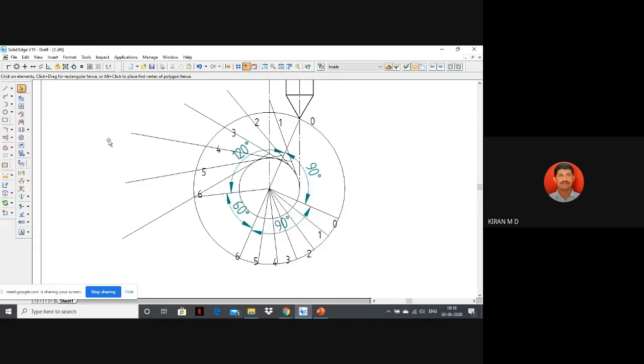So from 6, you have to draw the tangent line. Again, from 5, you draw the tangent line. From 4, you draw the tangent line. From 3, tangent line. From 2, tangent line.